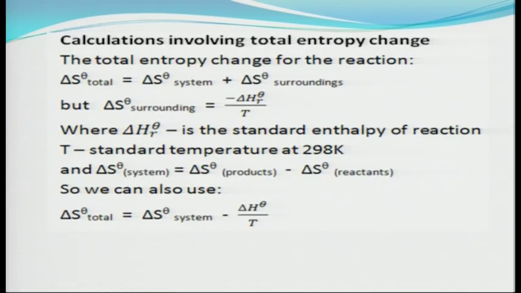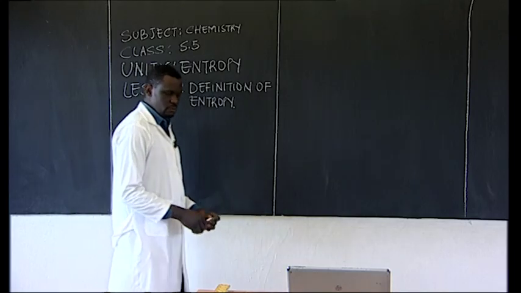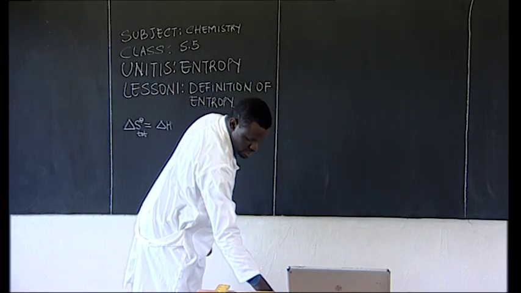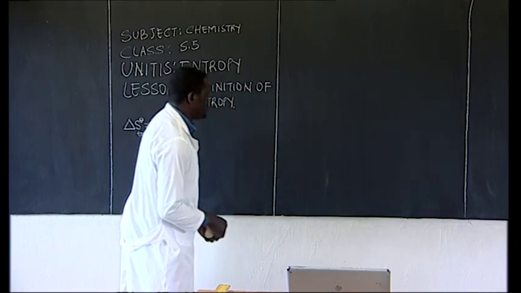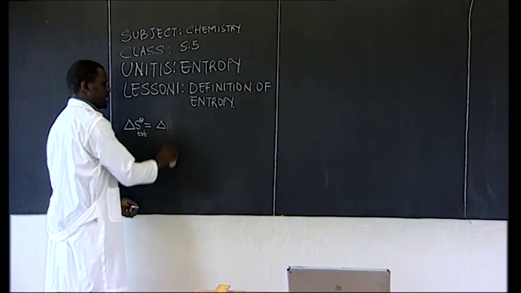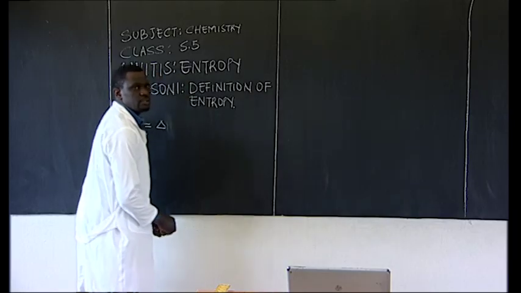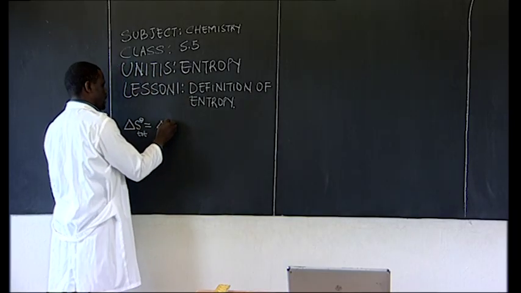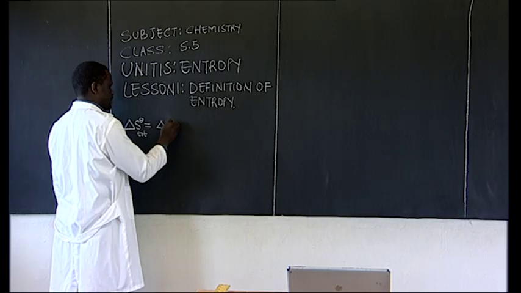entropy change. So we are going to say that if we want to find the entropy of a system, we are going to do some simple discussion here. The total entropy will be equal to the entropy change of the system.